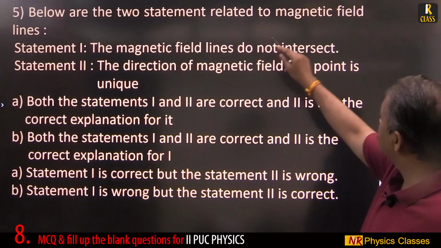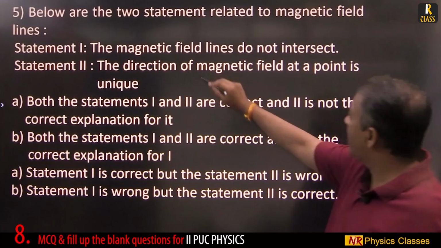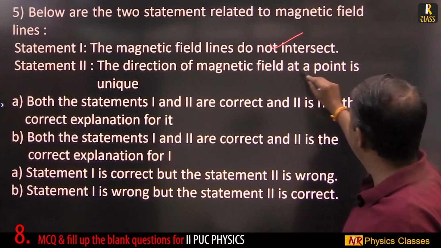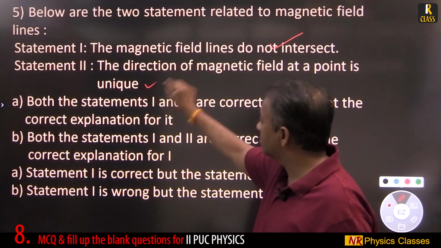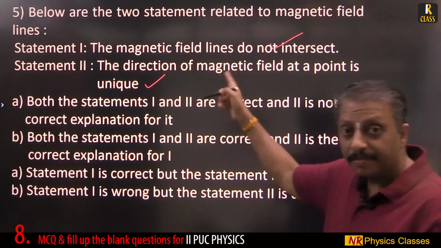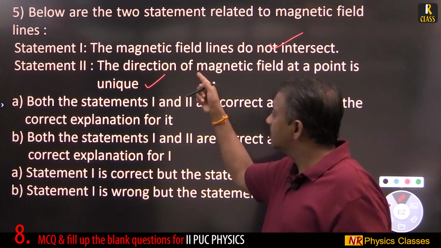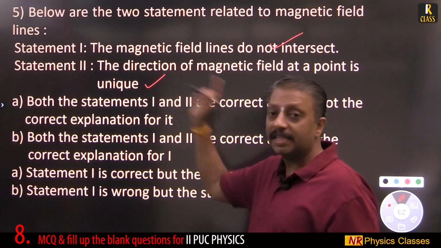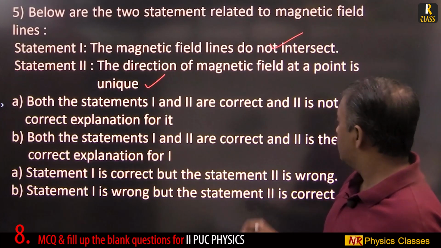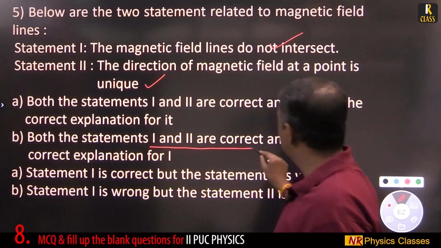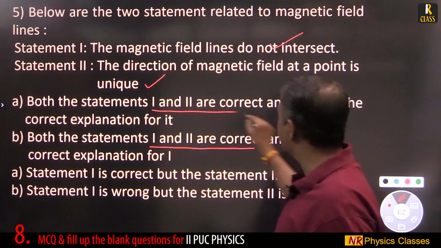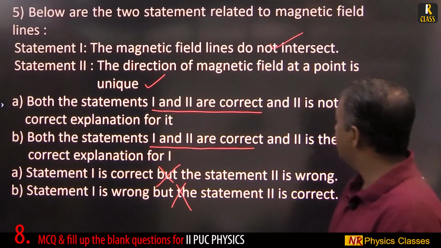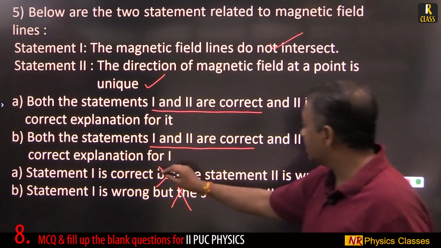Below are two statements related to magnetic field lines. The magnetic field lines do not intersect. True. The direction of magnetic field at a point is unique. True. Both the statements are correct. Is statement 2 the correct explanation of 1?